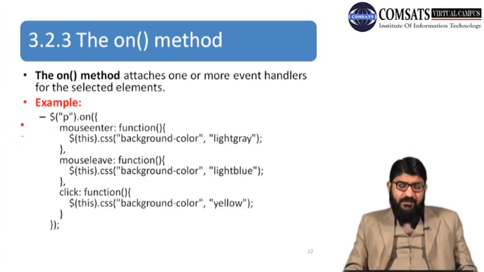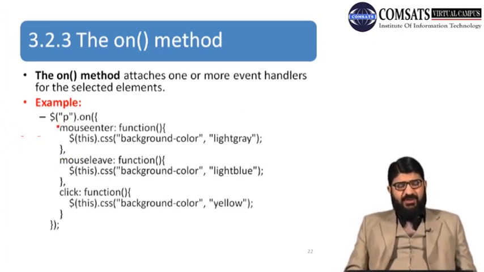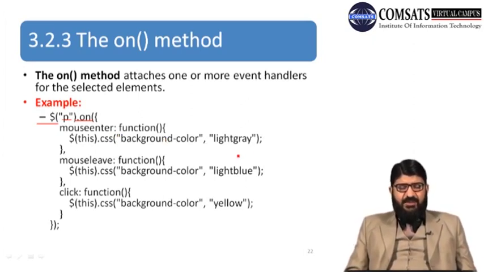Let's see. The $ is mentioned, jQuery is defined, then the particular paragraph ID is given, the selector is given, and then on click the action is given, and then the mouseenter function is written, for which the JavaScript is defined, and with this the CSS background attribute is set to light gray when this function is executed.